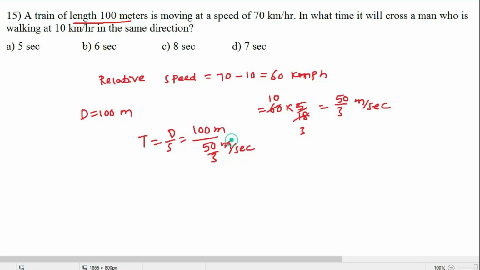Meter cancel. 5 1 time, 5 2 times. Time equal to 2 into 3, 6 seconds. In 6 seconds it will cross a man who is walking at 10 km per hour in the same direction. Option B.